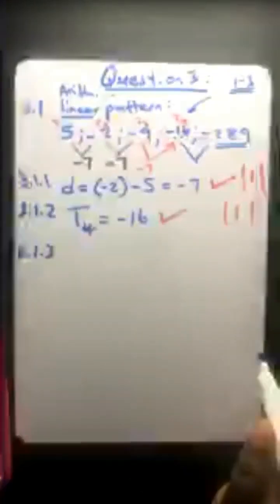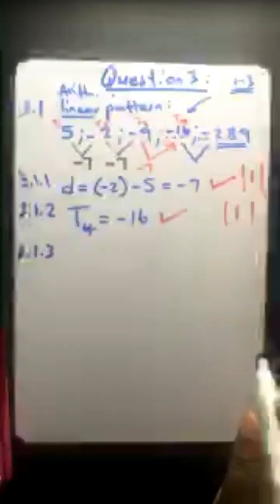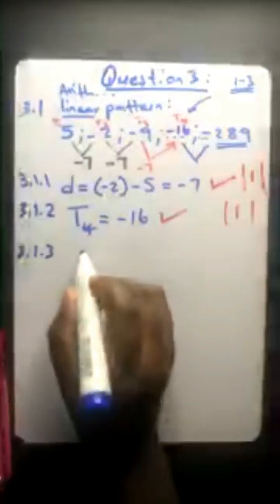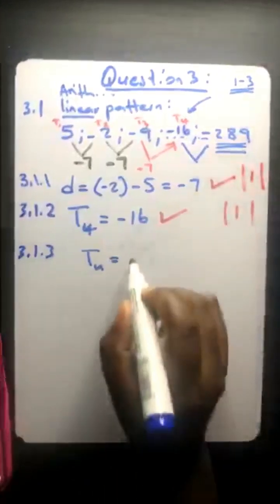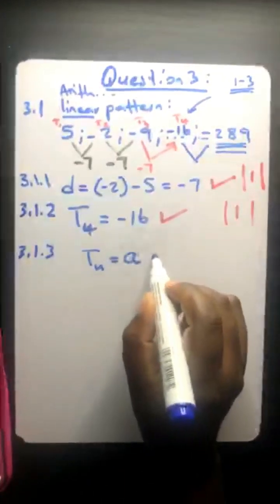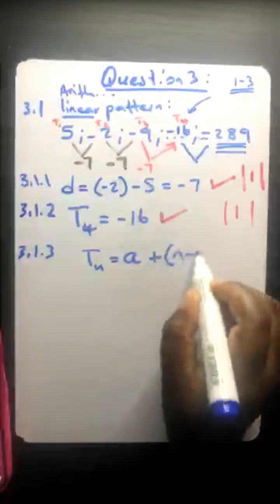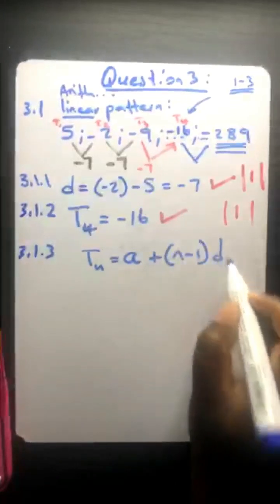I'm pretty sure that most of you might know how to calculate it, but not fully understand what exactly you'll be doing there. This formula is more like a shortcut to get to that last number. The formula says Tn is equal to a plus (n minus 1) multiplied by d.